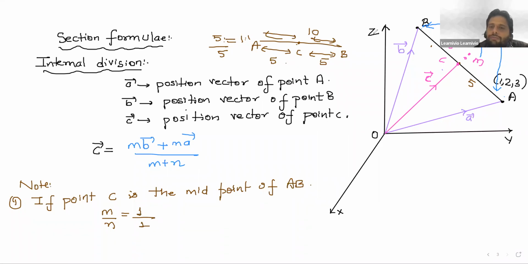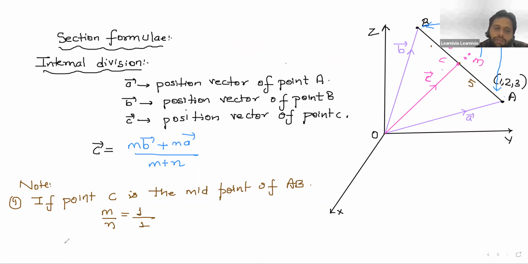Okay, if C is the midpoint, then the ratio is 1 by 1. Now put the value of M and N as 1 here, and please check what you will get. Then C will be equal to what? C is equal to MB plus NA by M plus N. So in place of M and N, put 1.